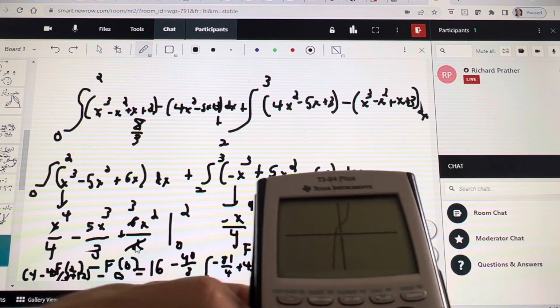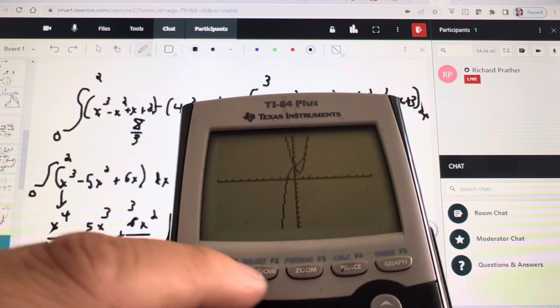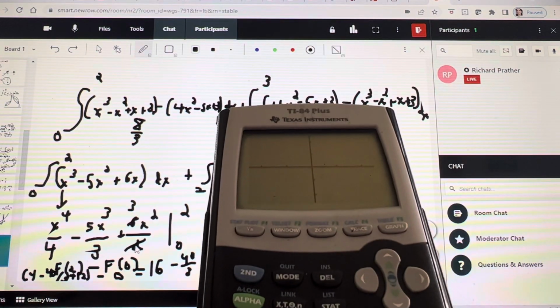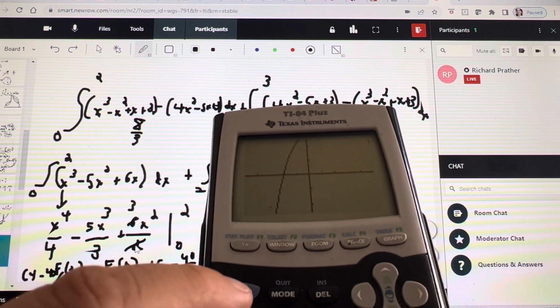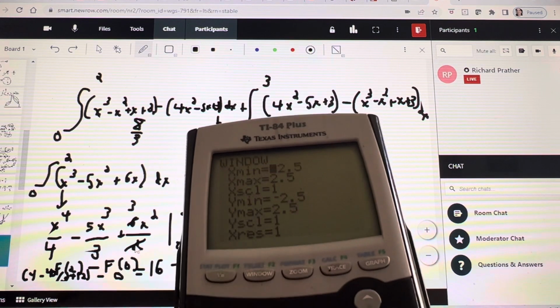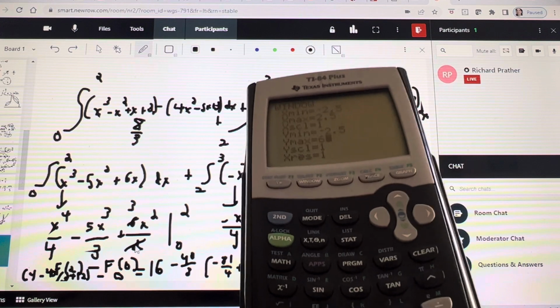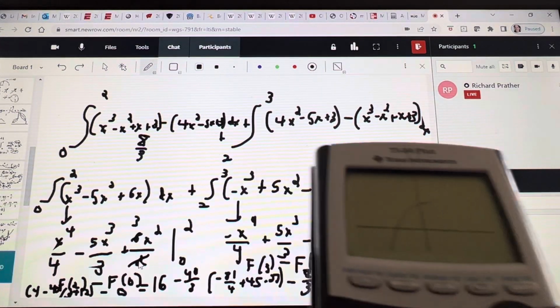See, there's the cubic graph. Yeah, it's hard to tell there. Zoom in. And then it's off screen there. Okay, let's see a little bit higher. Oh no, I lost it.